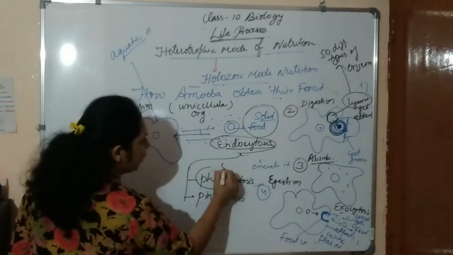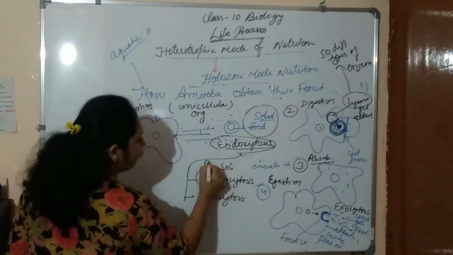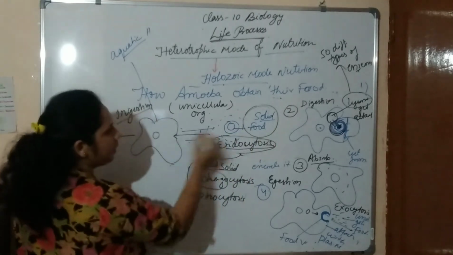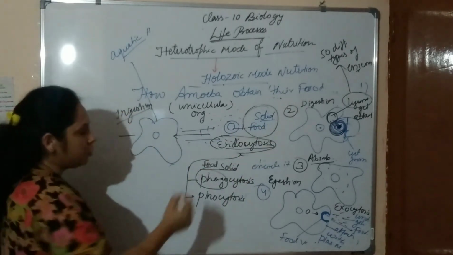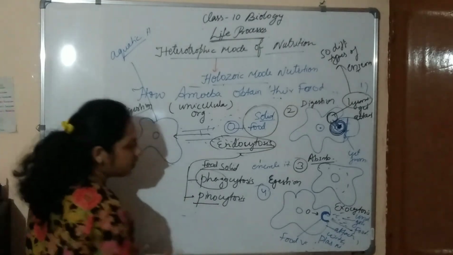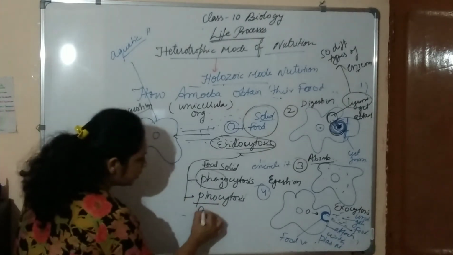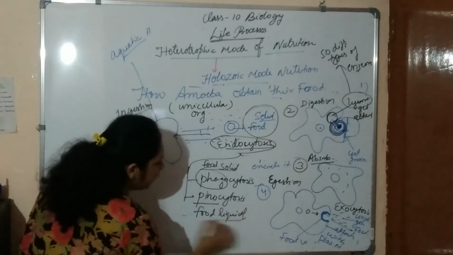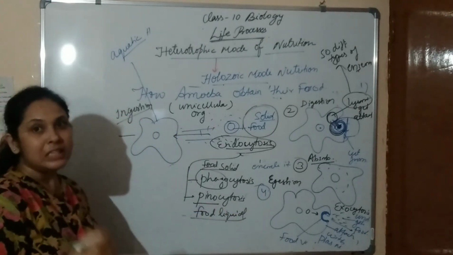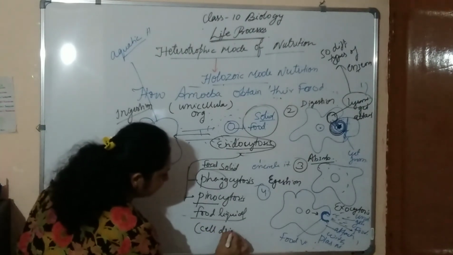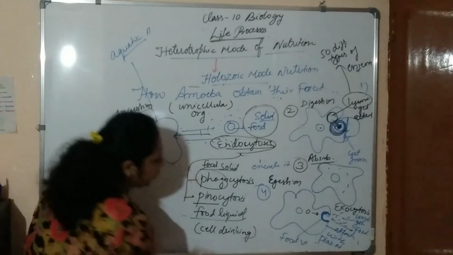If the food is solid, so here the amoeba is taking solid food, we call it phagocytosis. And pinocytosis means the food is in the form of liquid, and it is also known as cell drinking.